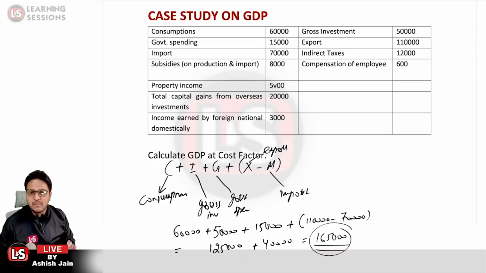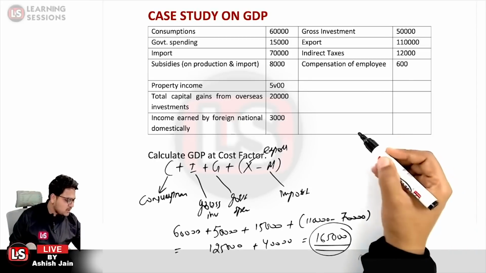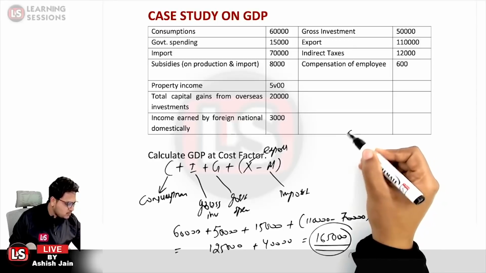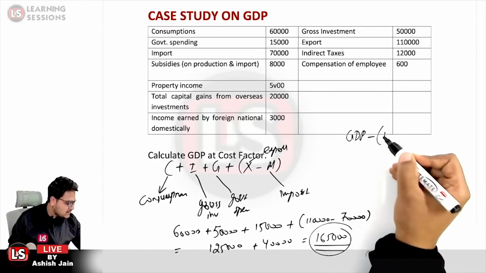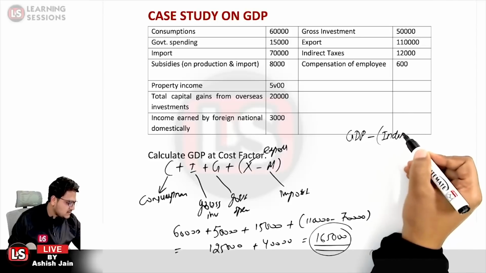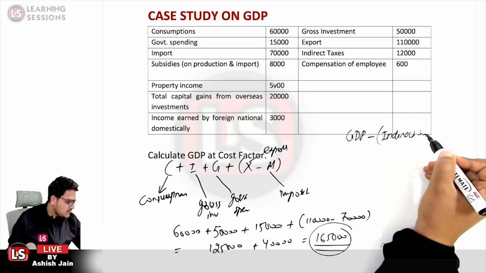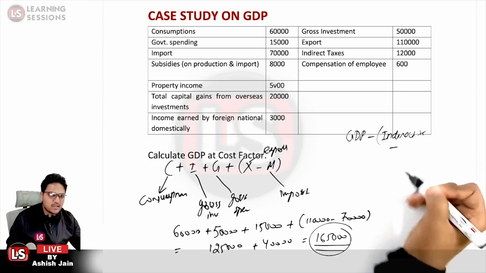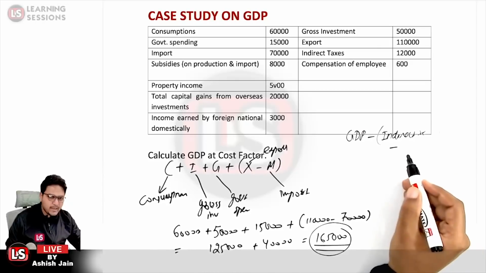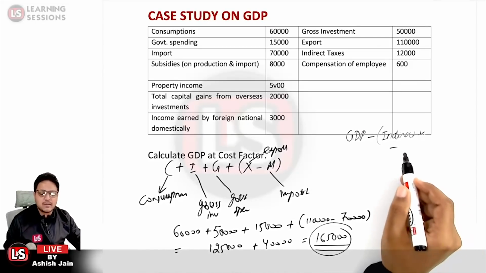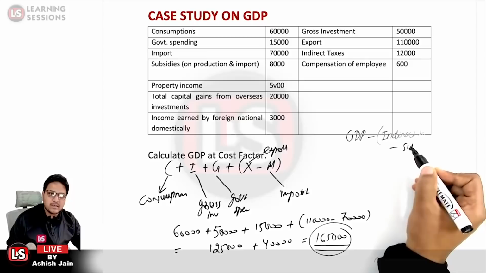So in case of GDP at factor cost, you need to subtract the indirect taxes from it. So for that purpose, it will be the GDP we have calculated, minus the indirect taxes. But we also need to account for the subsidies which have been given by the government itself. Okay, so whatever indirect taxes have been levied by the government, subtracting the subsidies.